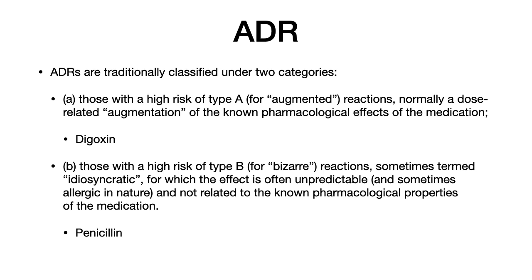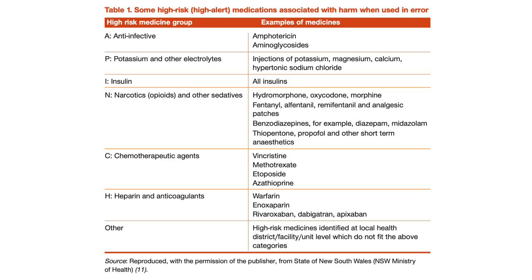Those with type B or bizarre reaction, sometimes termed idiosyncratic, for which the effect is often unpredictable, like allergic reactions, not related to the pharmacological property of the medication. These are important because you need to ask about a history of allergy, and the subsequent allergy sometimes becomes very severe and even fatal, like penicillin, which can start from itching to hives and progress to anaphylaxis.